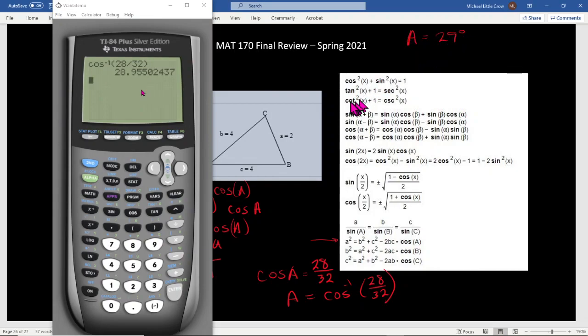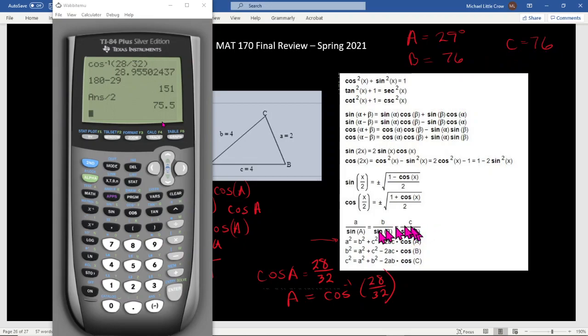B and C, so it's going to be 180 minus 29. And that's the two angles together are 151. So if we divide that by 2, 75.5 or 76, because they want it rounded. So B is 76 and C is 76.